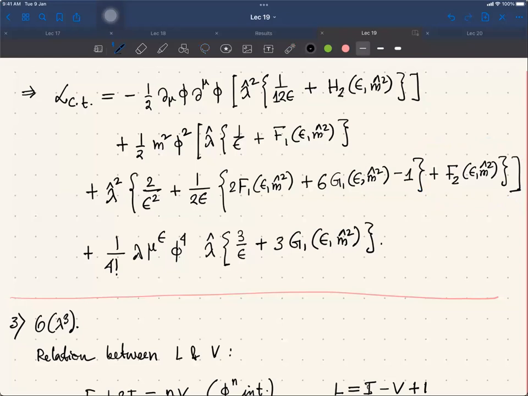And this is epsilon. So let me copy this part.